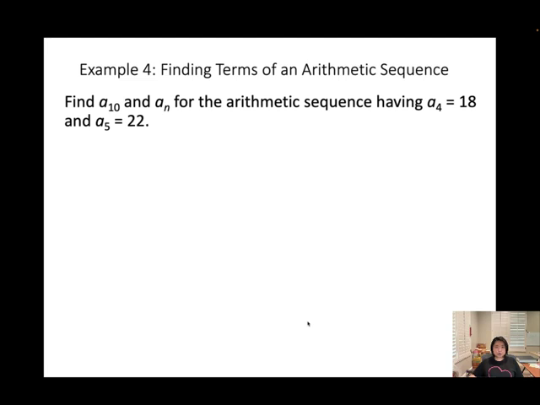Okay, example 4. Find A10 and AN for the arithmetic sequence, having A4 equal to 18 and A5 equal to 22. Okay, so since this is A5, this is A4, we could subtract to find out the difference.